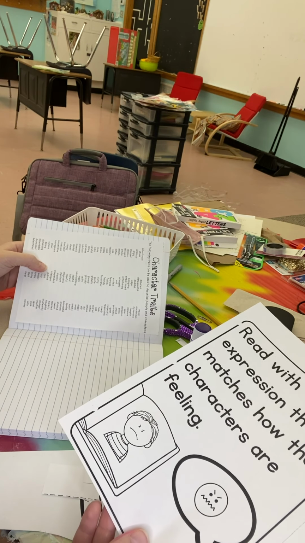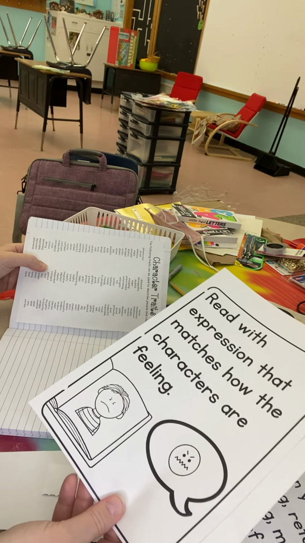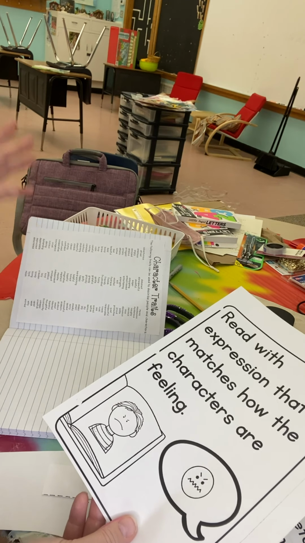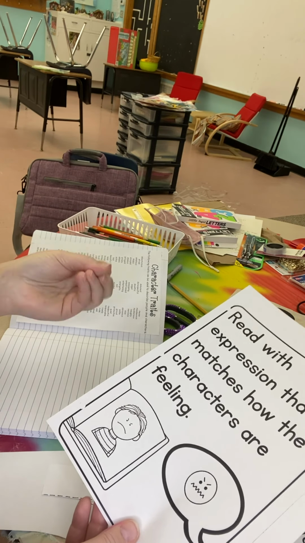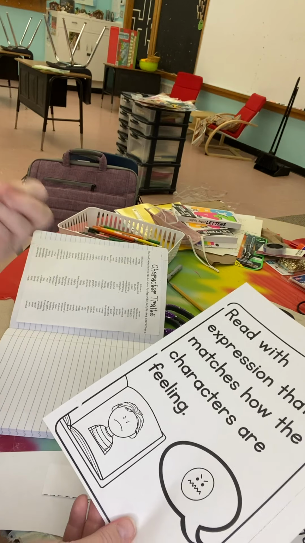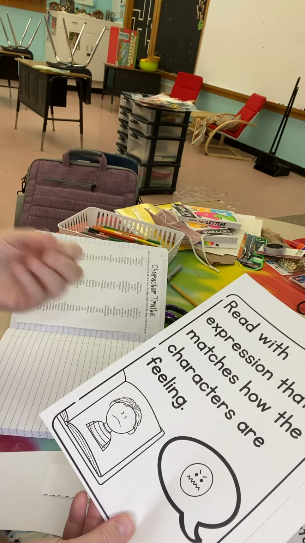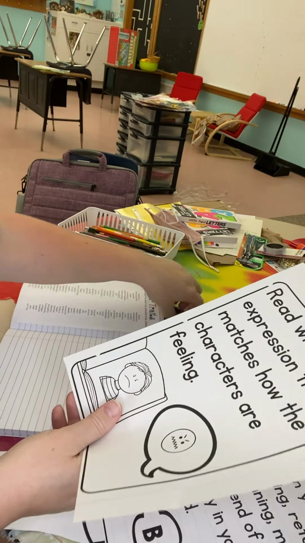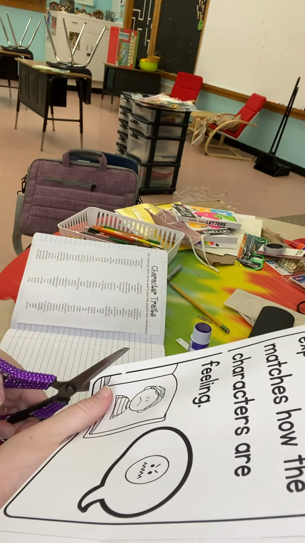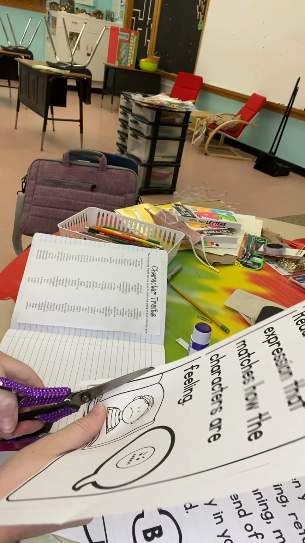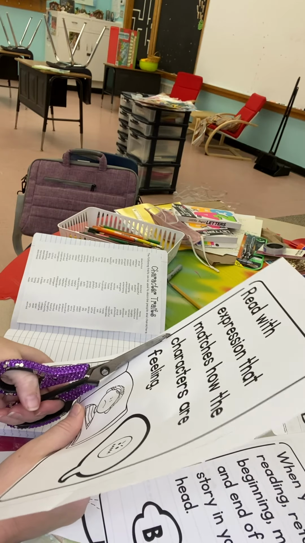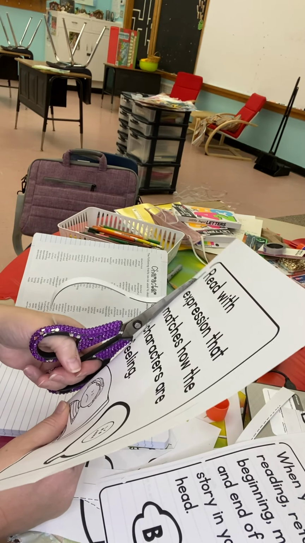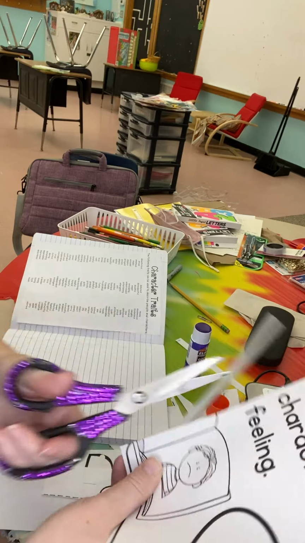So if somebody is angry and you're reading it, and especially if you're reading it out loud, you want to match that expression. You want to be angry when you read it. Like, how could you take my book? You know, you don't want to be like, how could you take my book? Not the same thing. So this is a good reminder to pay attention to how the characters feel and read accordingly.